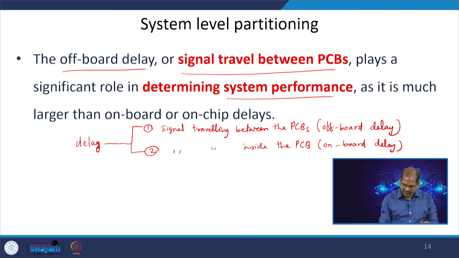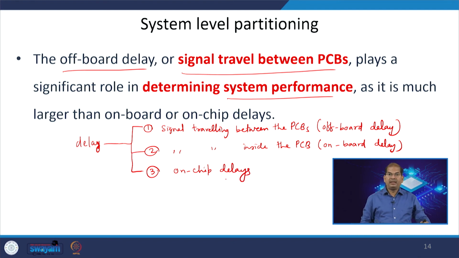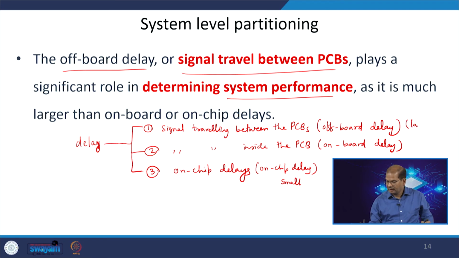Okay. Then I have a third category of delay, the on chip delay. Inside the board you have chips, and the delay is very small inside the chip. Okay. So, this is the on chip delay. This delay is small and this delay is large.